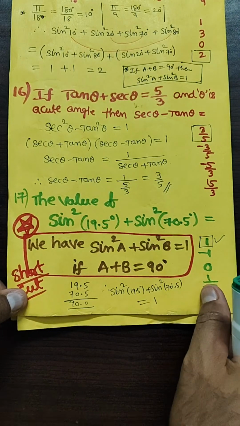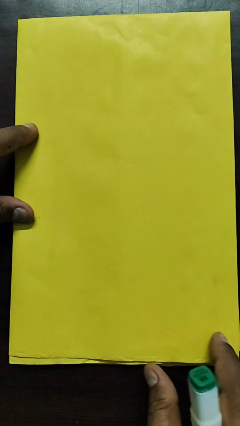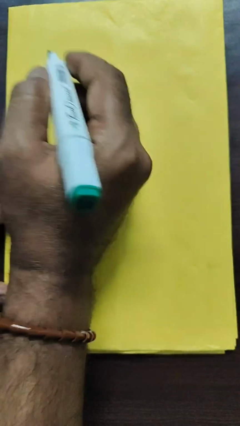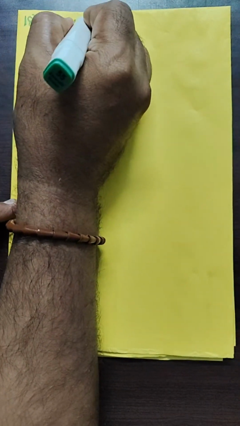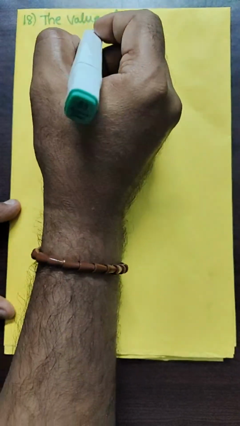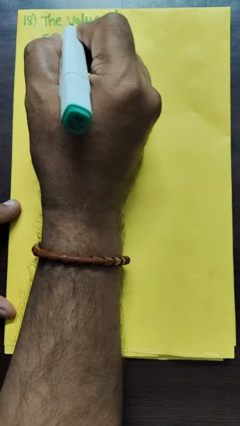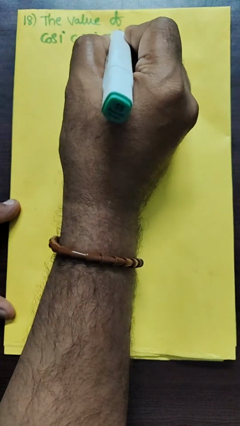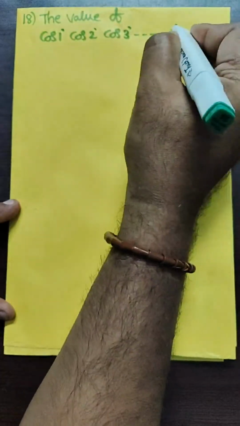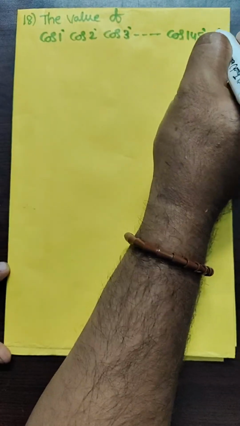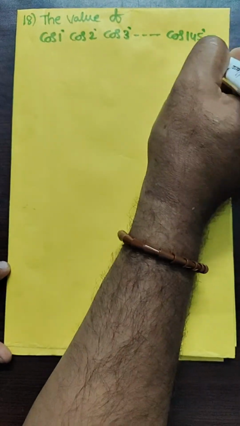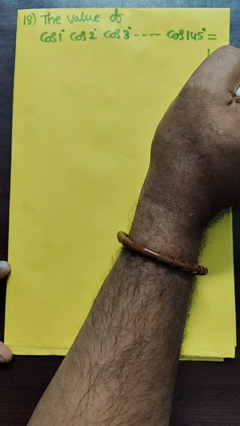Can we go to question number 18? Yes, we will continue, dear students. What is question number 18? The value of cos 1 degree, cos 2 degrees, cos 3 degrees, and so on, up to cos 145 degrees is equal to, so the options are 1, minus 1, 0, minus 1 by root 2.